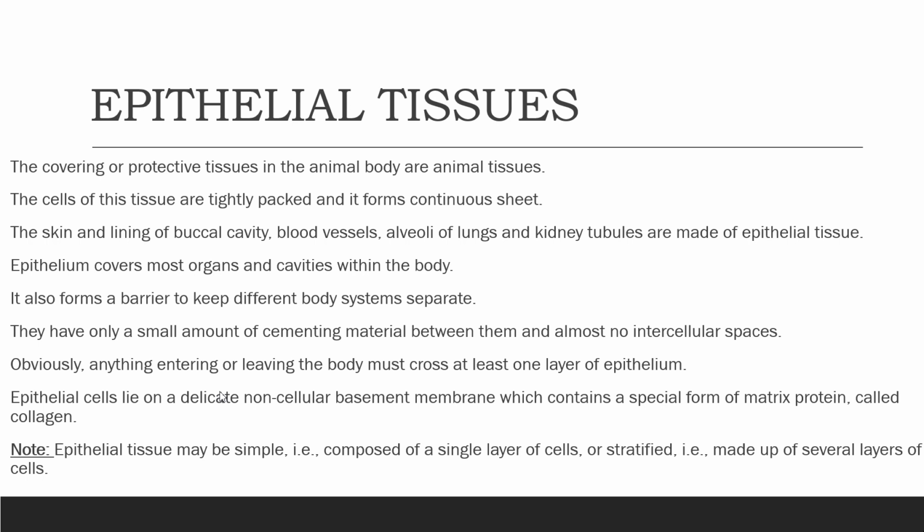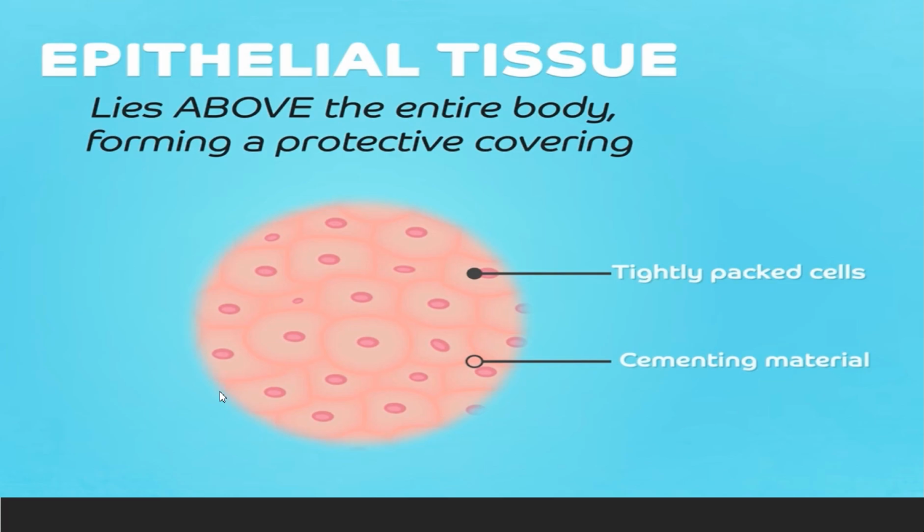Now, the structure of epithelial tissue is quite evident from its function. Yes, since it has to perform as a protective layer, it cannot afford to have intercellular spaces. Hence, we find epithelial tissue to have tightly packed cells forming continuous sheets.